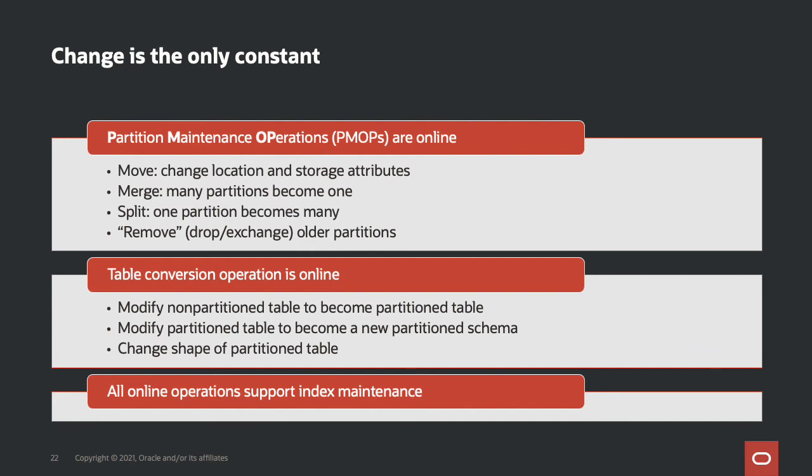You can change the partitioning scheme of an existing partitioned table to address either finer granularities or new business requirements. And all these operations, whether this is a partition maintenance operation or a repartitioning of a table, all of these operations can be done in a fully online manner and support index maintenance as part of these partition maintenance operations.